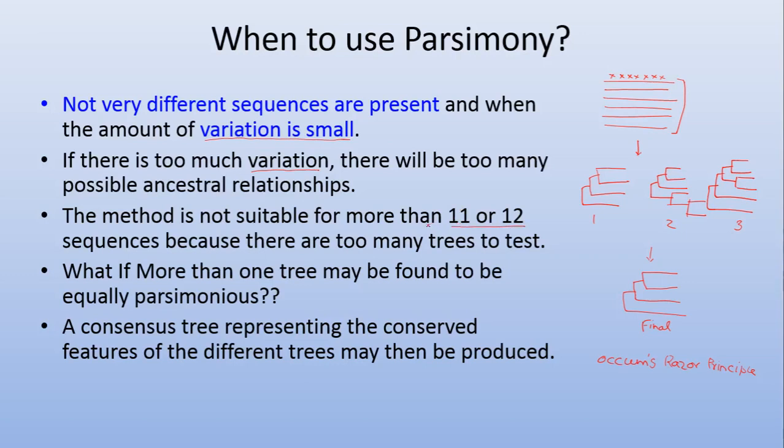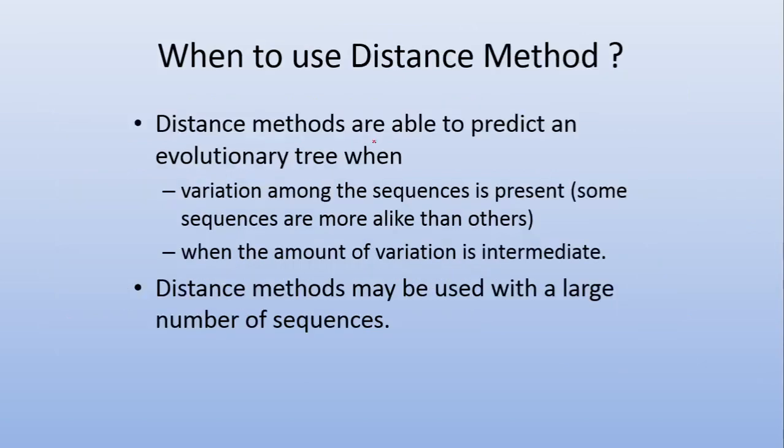Okay, so if that is the case, then you are free to use maximum parsimony, right? Then another method that we use is called the distance method, and these distance methods are able to predict an evolutionary tree when variation among the sequences is present.